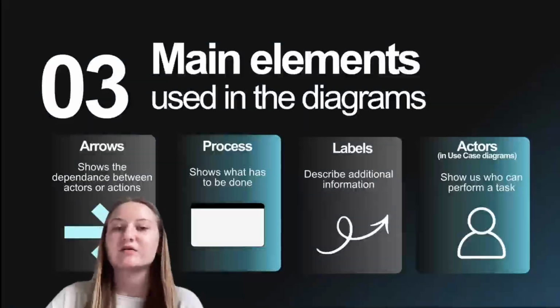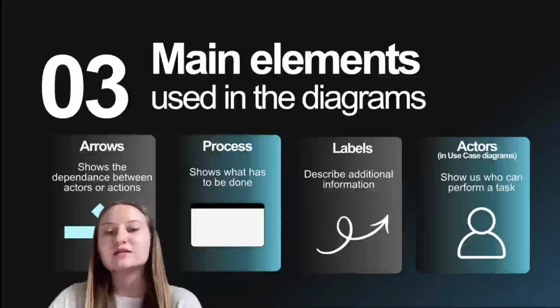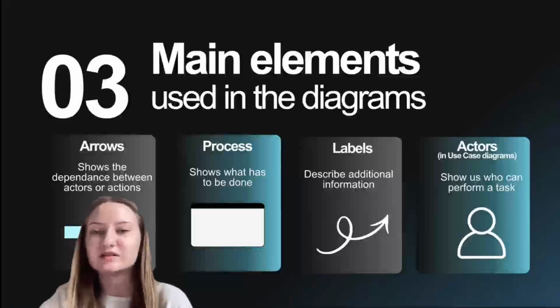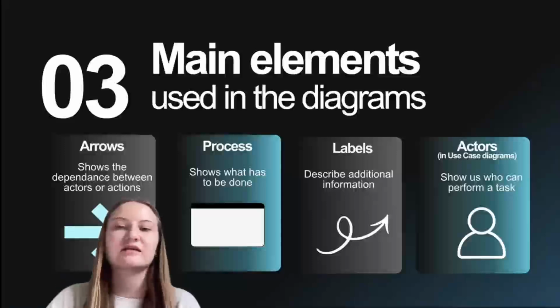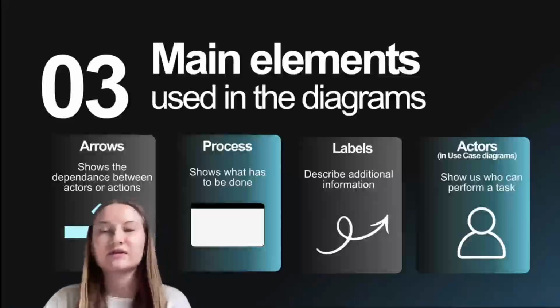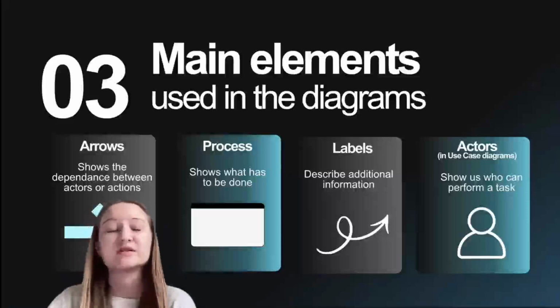The second one, also very important, is process. It shows us what has to be done. The next one is labels. It is desirable but not obligatory. They allow us to describe additional information about a particular part of a diagram.